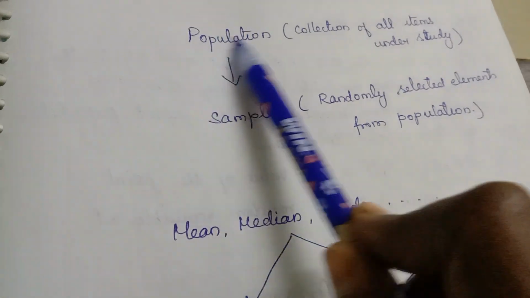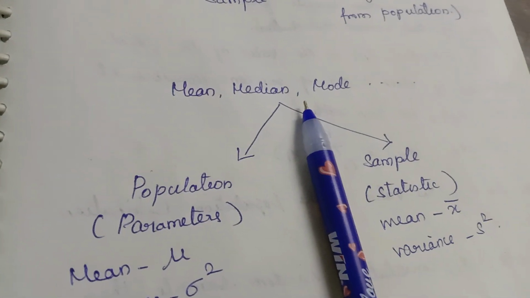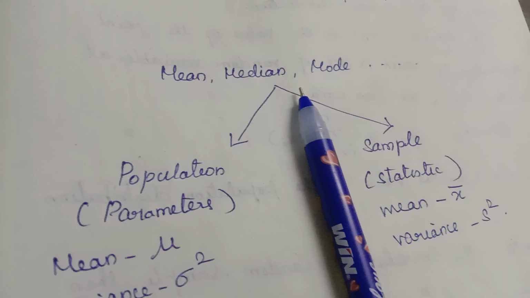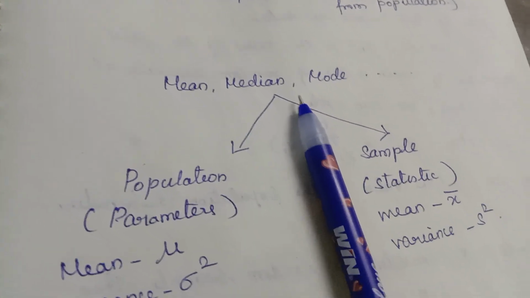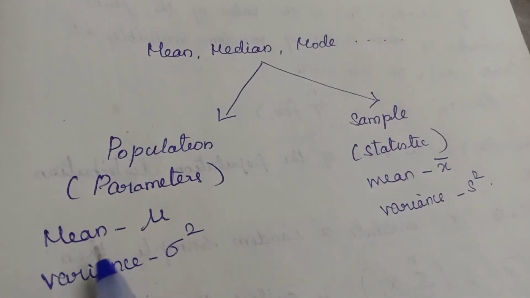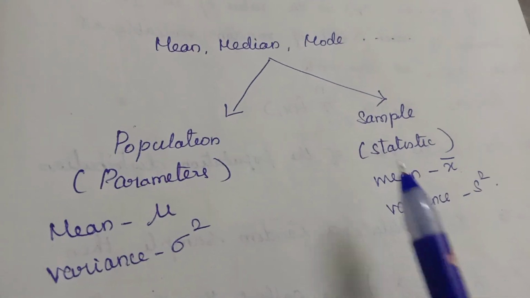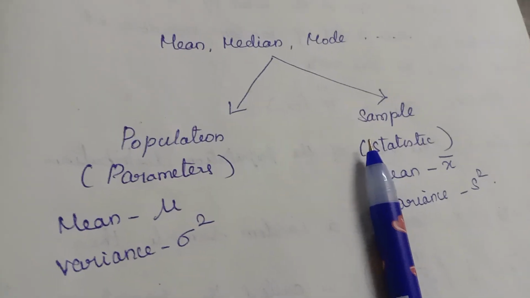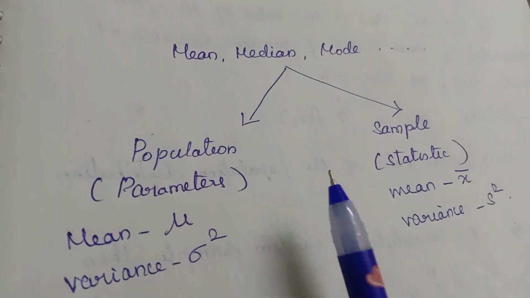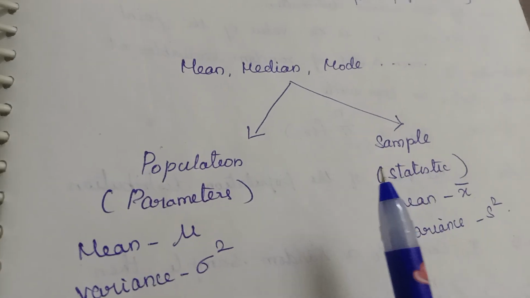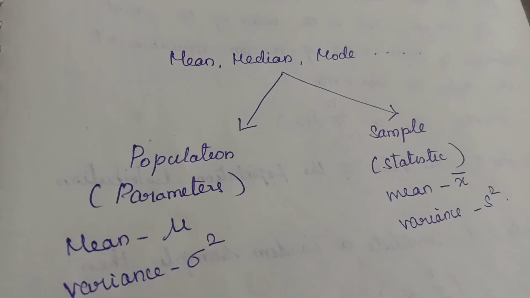Now they have their own measures, that is mean, median, mode. Many measures are there both for the population and for the sample. The population will have its own mean, median, mode, and similarly the sample will have its own mean. Both need not be the same always; they may be the same at a few times and different at other times.